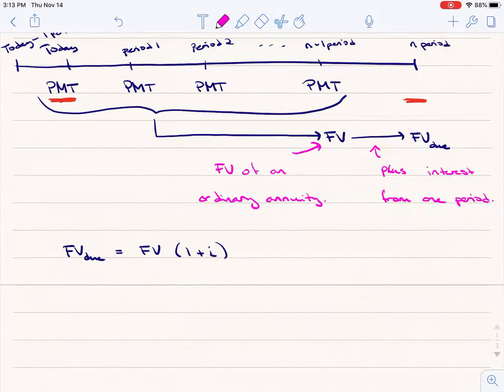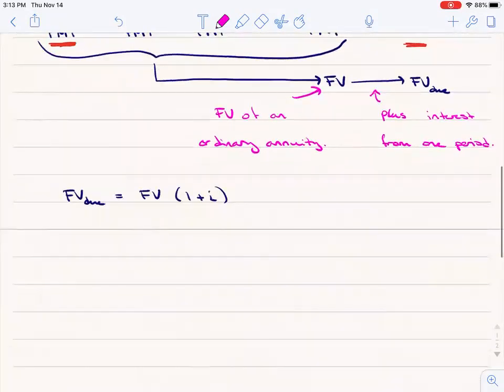From your formula sheet, there's a lot going on, but it's actually not that different, because we know the formula for an ordinary future value. The only difference between it and a future value due is having that 1 plus i tacked on to the end.